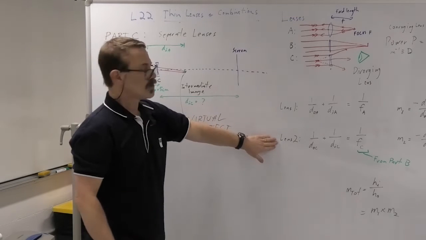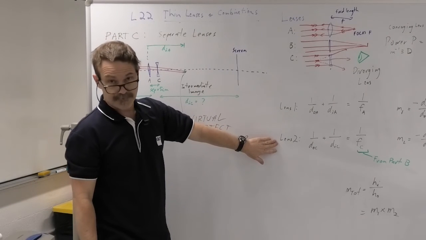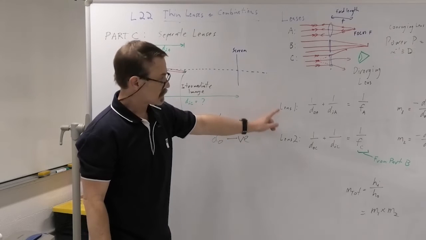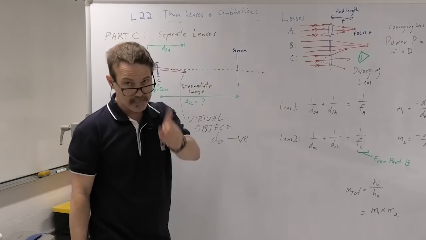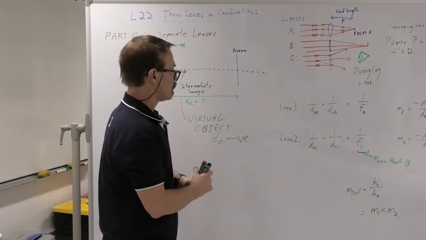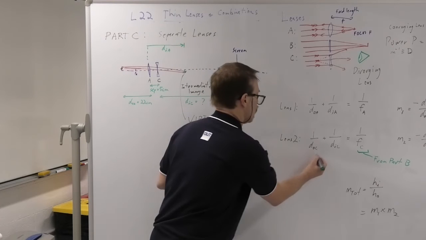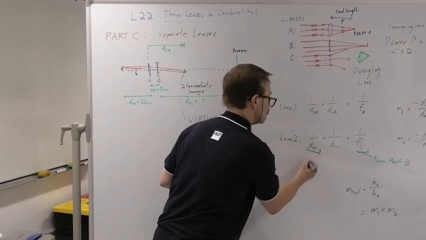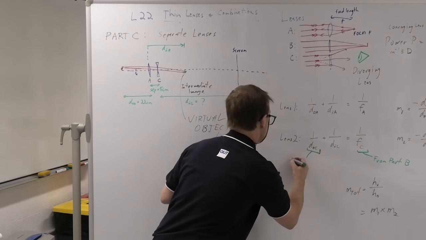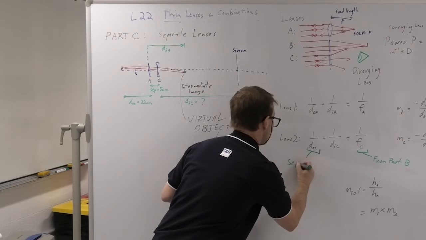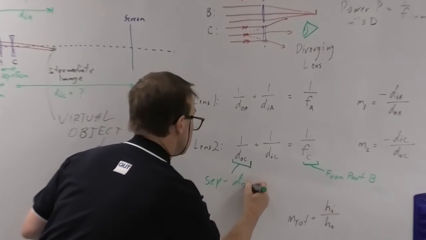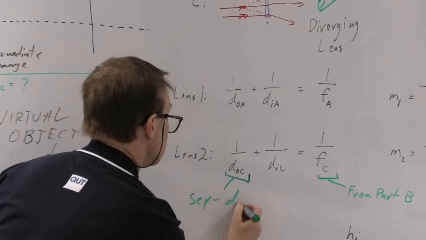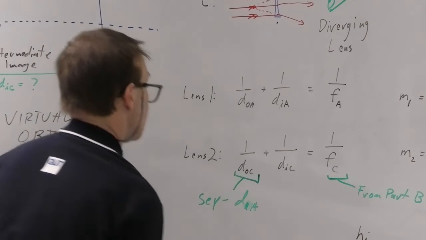So you can use the thin lens equation for lens C just like you did for lens A, but remember the tricks. Firstly, the object distance is equal to the separation minus the image distance from lens A.